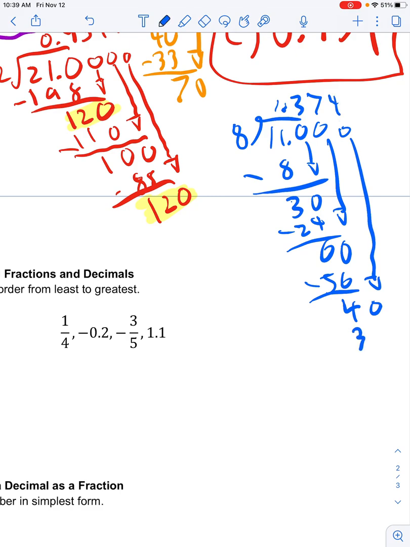Oops, that's a 4. That should be 32. Actually, that's good. Mr. Larson's going crazy.